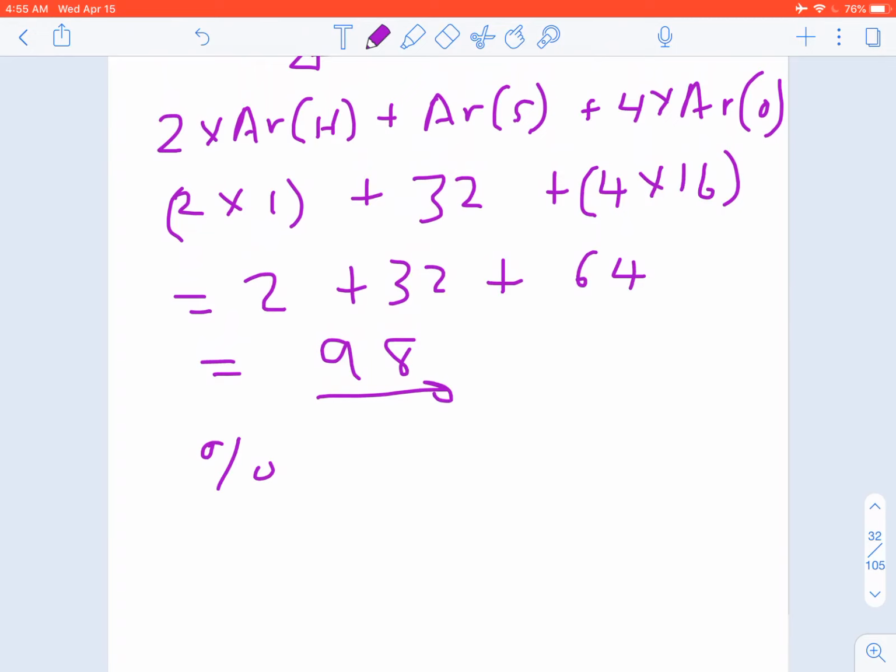If you want to determine now the percentage composition, we say the percentage composition of hydrogen is equal to 2 upon 98, and that gives us 2.1%.